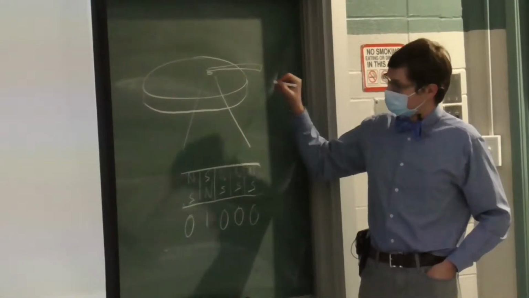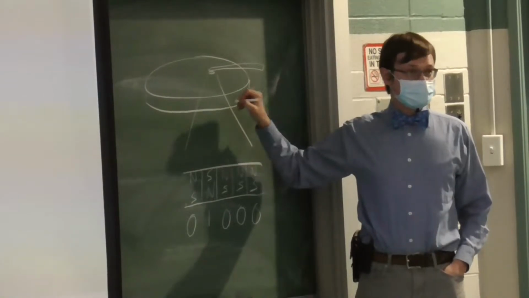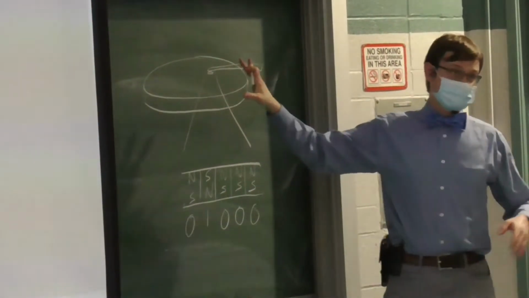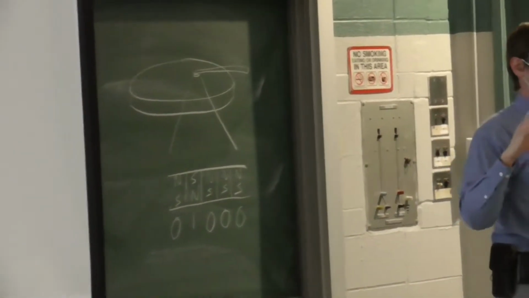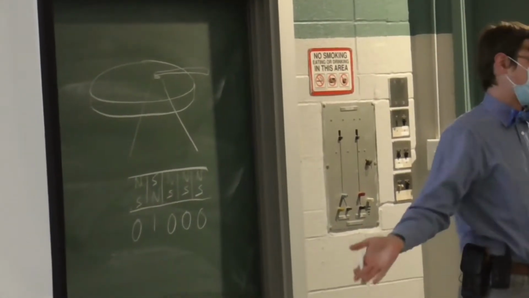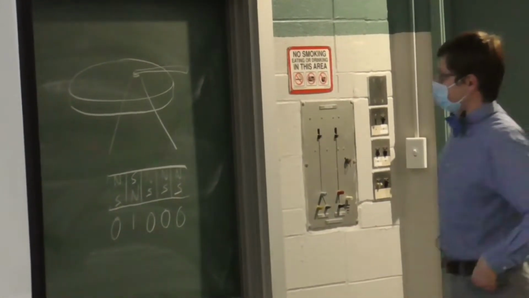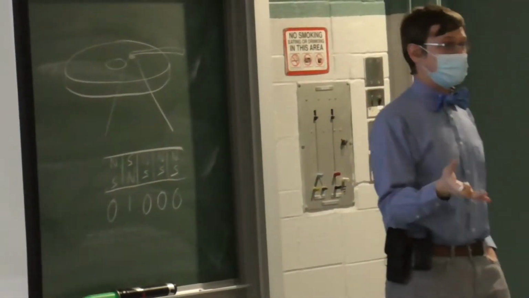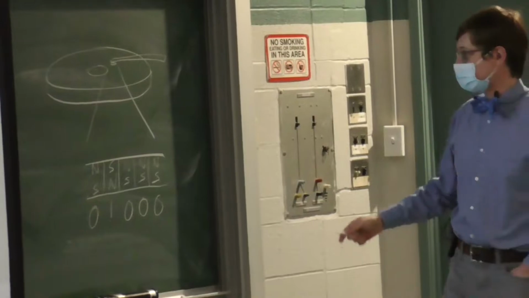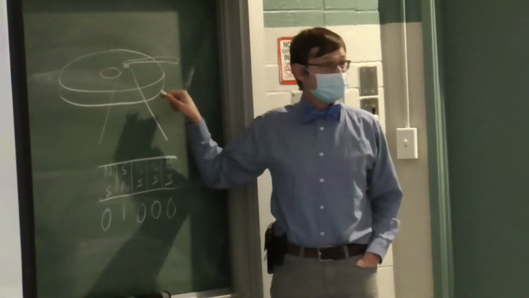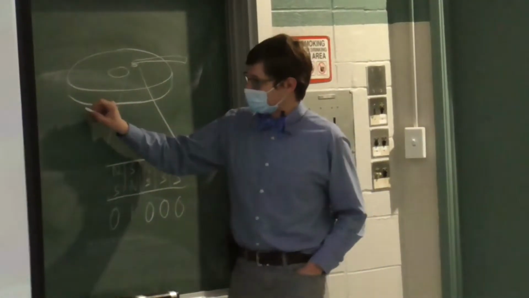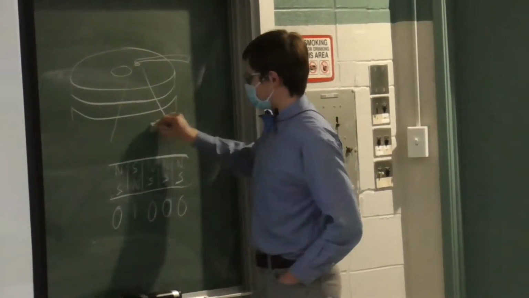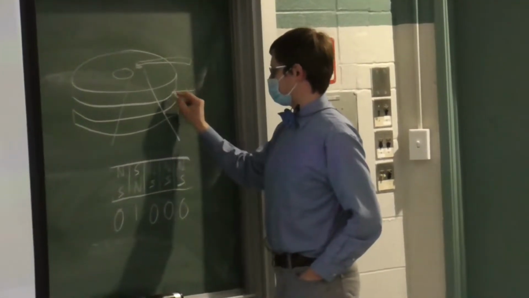So we have the ability to store ones and zeros inside of a disk which can hold a large number of them. If you actually ever open up a hard drive and take a look inside, you'll see that there is not just one of these magnetic disks. You actually have a whole bunch of them, each with its own independent read head.